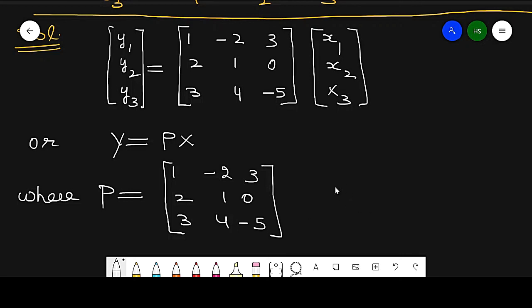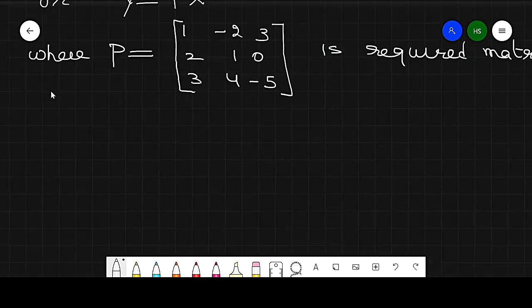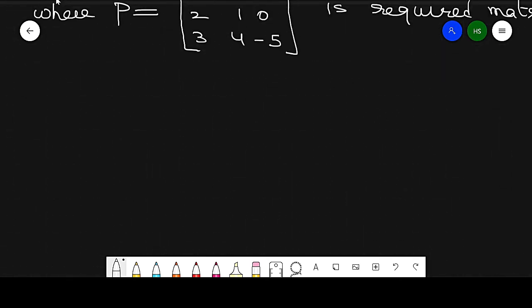So this is our required matrix. So very simple. So just find the matrix. Similarly, if the matrix is given, then we can find the transformation.